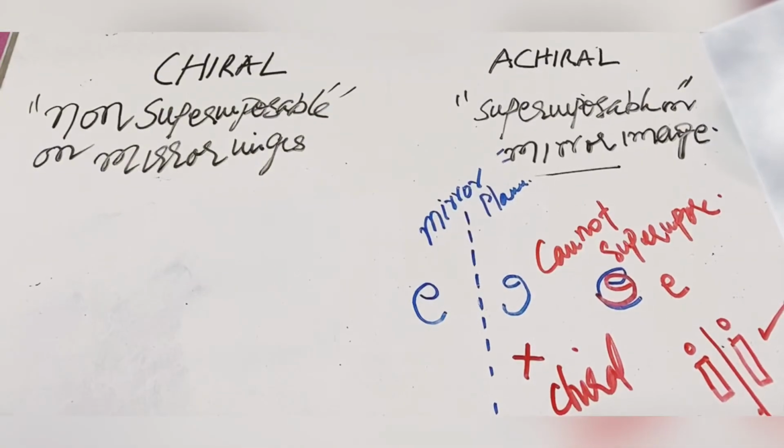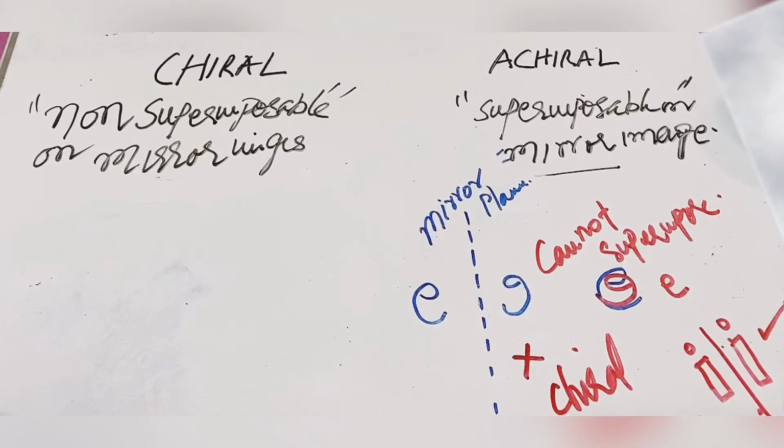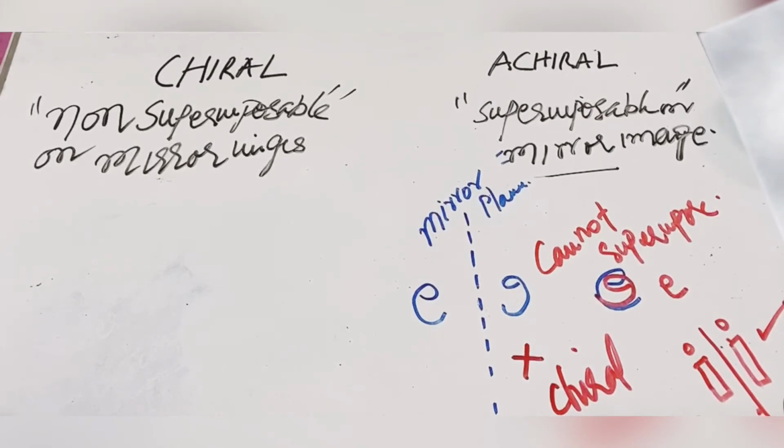Now if we talk about chiral compounds, they are found widely throughout nature. They are easily available. For example, take the glucose molecule. It's a very important and essential sugar, and it provides energy. It's a source of energy, and of course it's a chiral molecule.